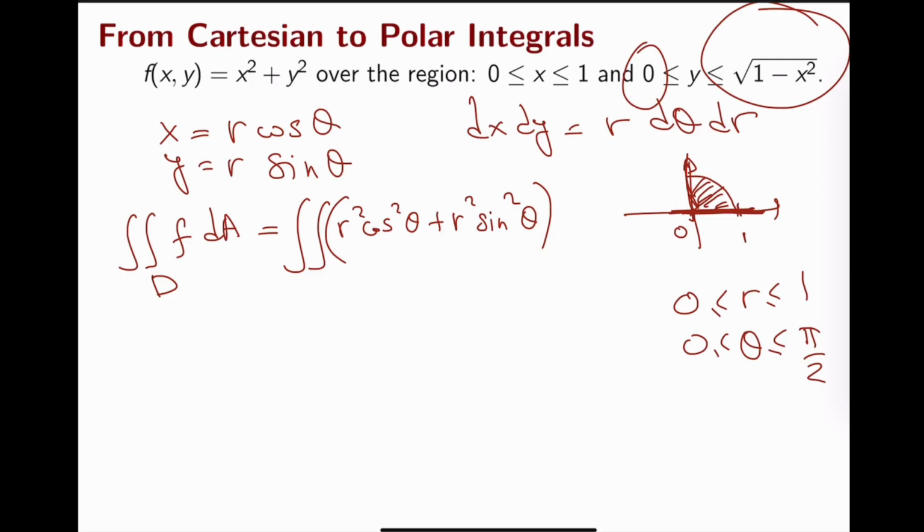And then we write the r and the d theta dr. And so the variation of the angle, as we said before, is between 0 and pi half, and the variation of r will be between 0 and 1.